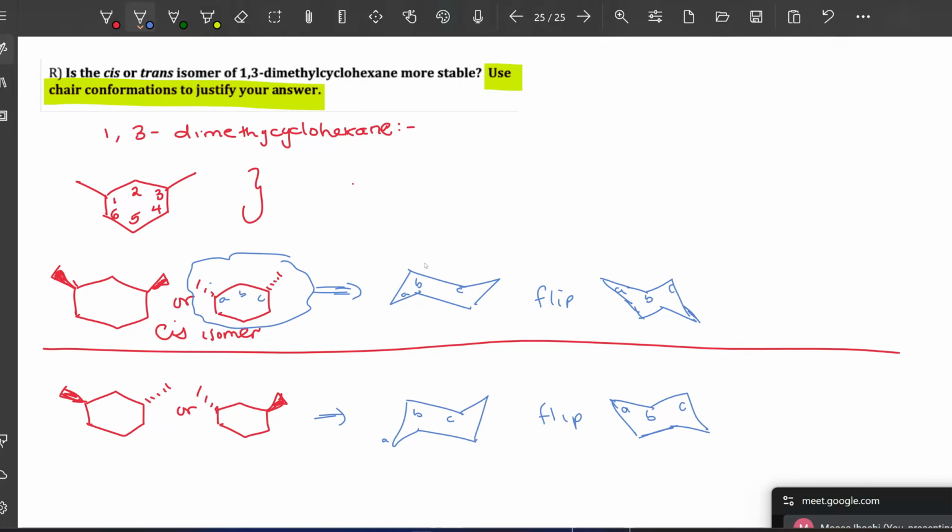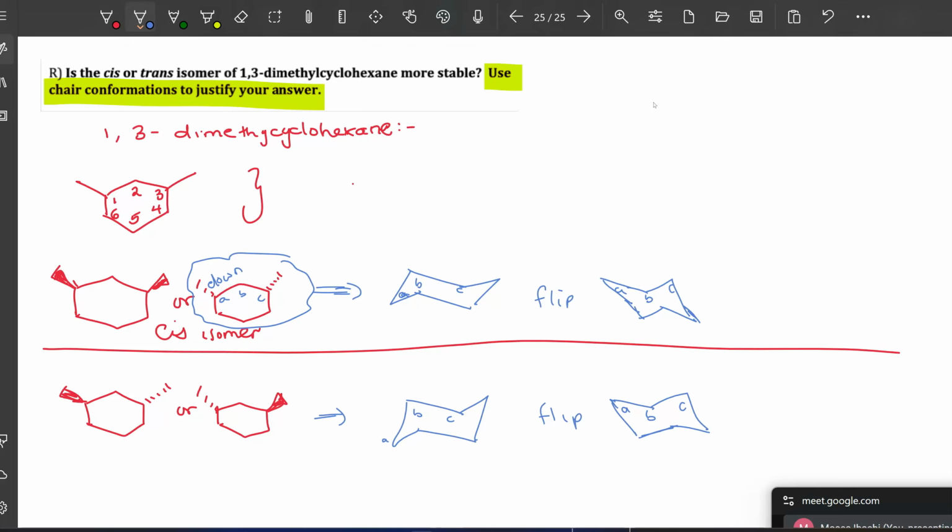What do I have on my A? Down. So on your A, how would you be able to tell if the wedge is down or up? You'll choose one of them as long as it's cis or trans.